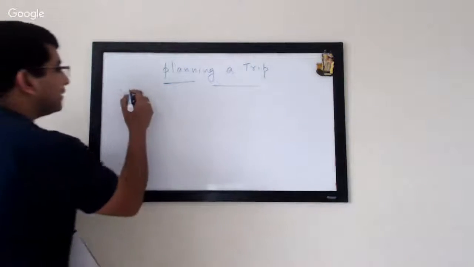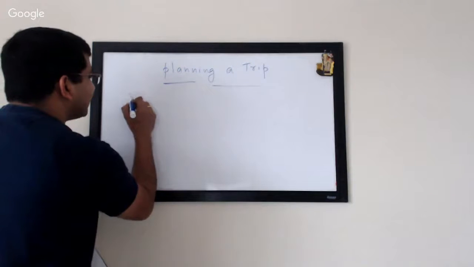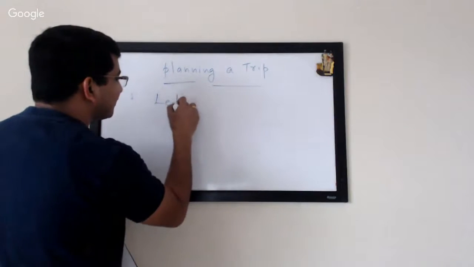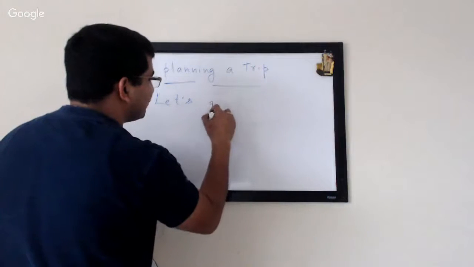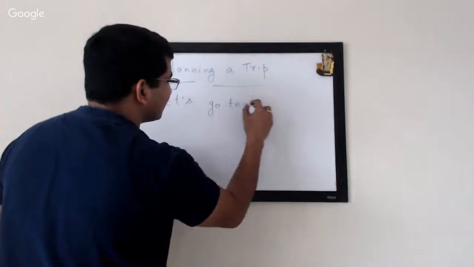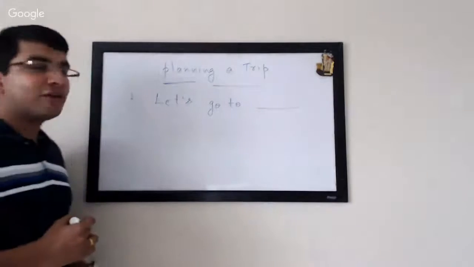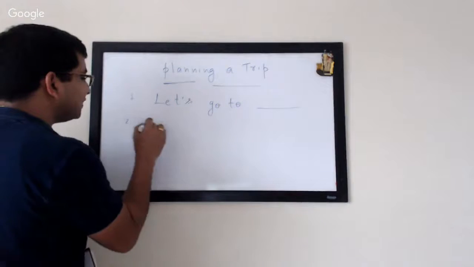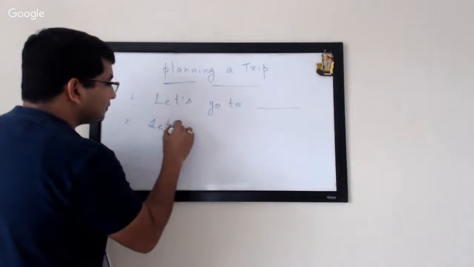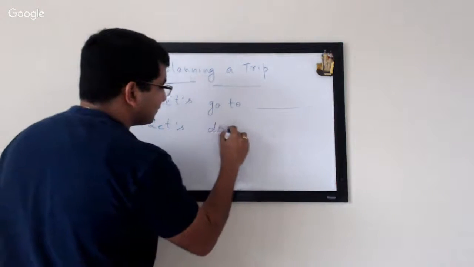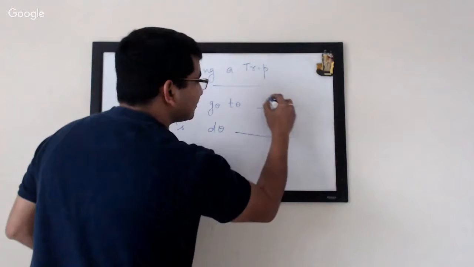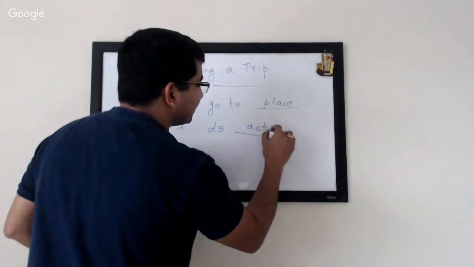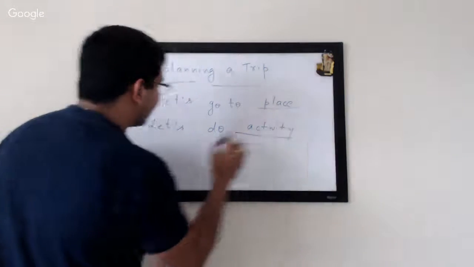Whenever we are planning a trip or any event, some of the sentences are: let's go to, and you can think of a name of the place. Similarly, let's do any activity. So this is a place, this is an activity.